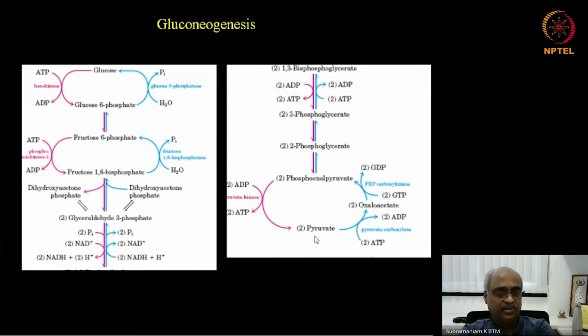For gluconeogenesis, therefore, a reciprocal pathway involving four enzymes catalyzing these three steps is involved. This is how these two directions are kept separate in the same cytoplasm where these enzymes are.